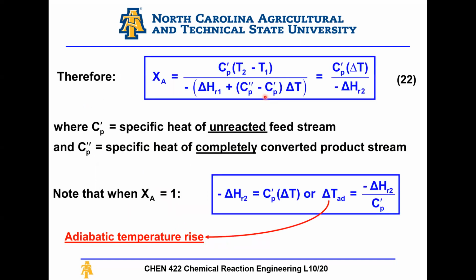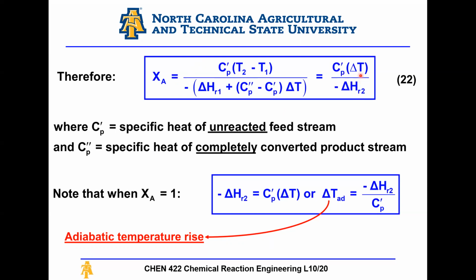Let's see if this makes sense. If we take a look at this equation right here, for an endothermic reaction, my T2 will be smaller than T1, right? So my reaction enthalpy is positive.